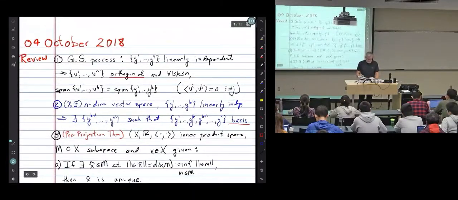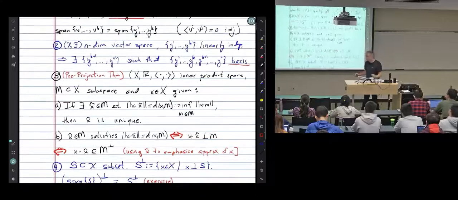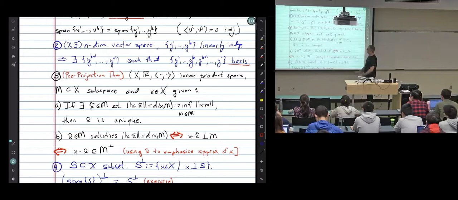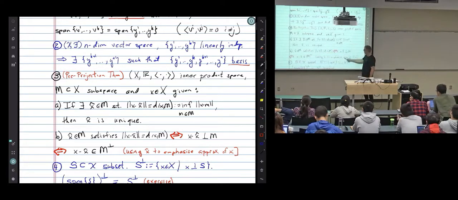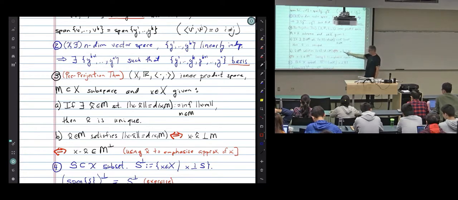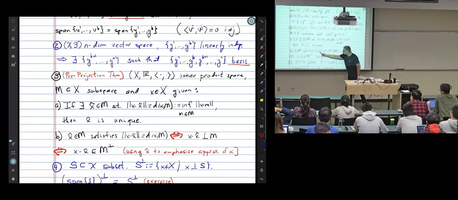Okay, the question was about some of the previous work we had. When we were proving the pre-projection theorem, the key thing we said was, suppose it's not orthogonal, then it cannot satisfy this. If x minus the m0 that we had is not orthogonal, we could find something in M whose inner product was not equal to 0. And then we built a vector such that the norm of x minus m was bigger than the norm of x minus the new vector.